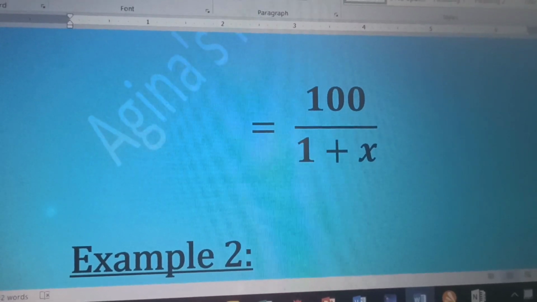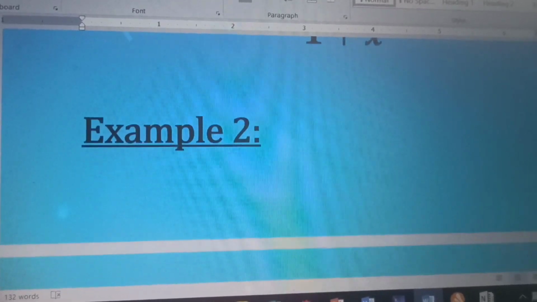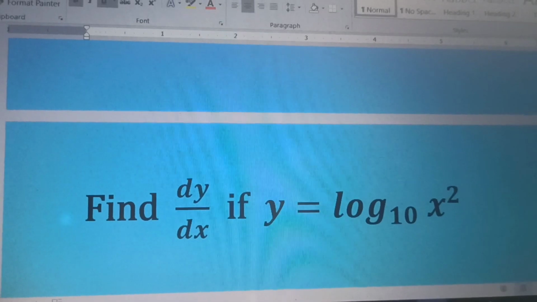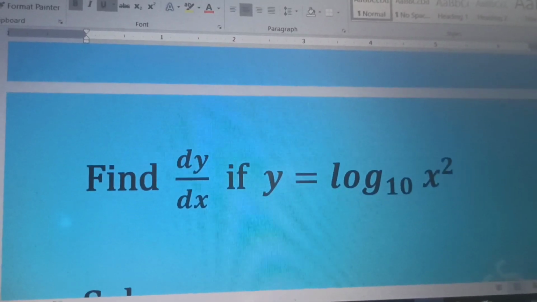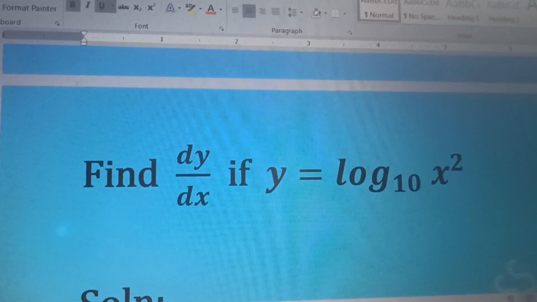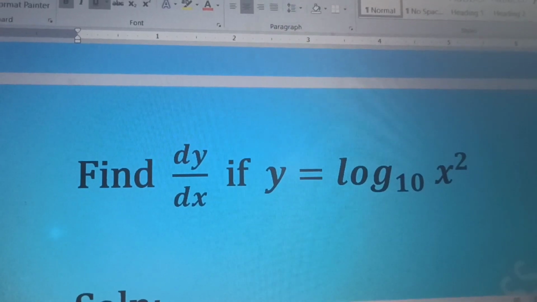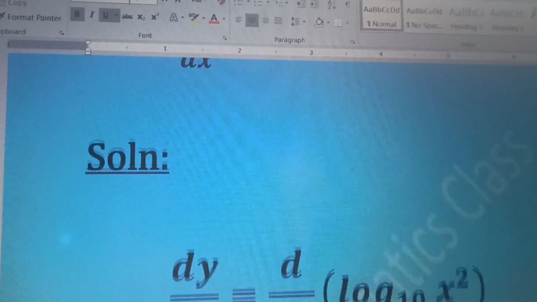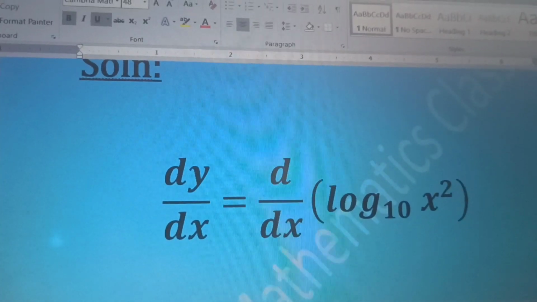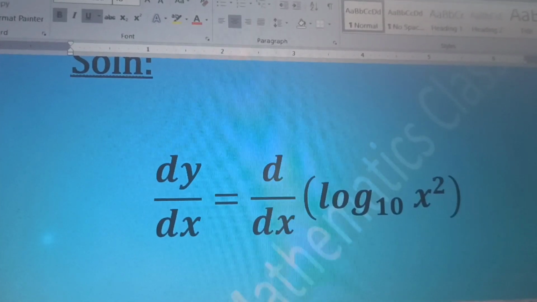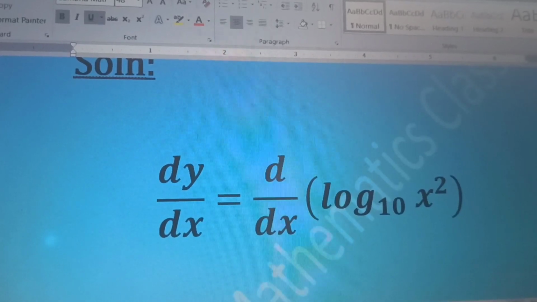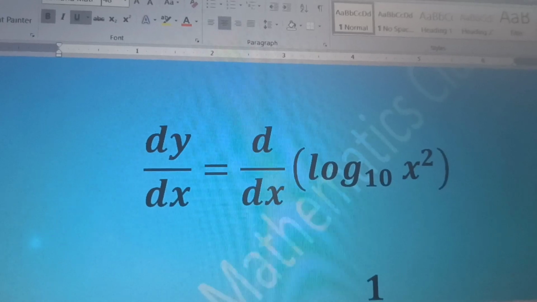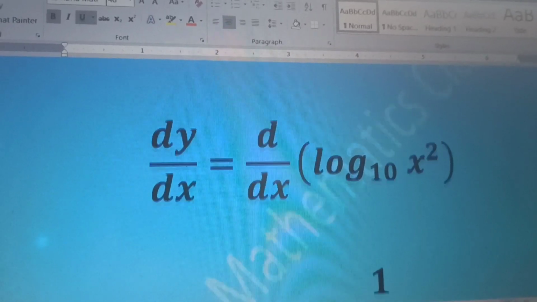That's our derivative. Now the second example, we have find dy dx if y is equal to log x squared base 10. Here the base is 10. And our solution, here we have dy dx is equal to d dx of log x squared base 10.